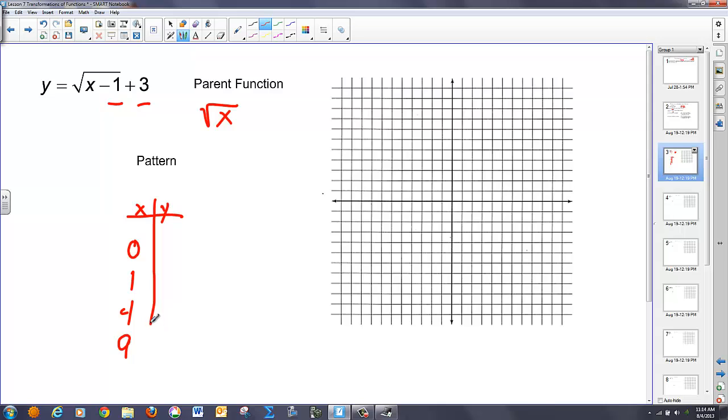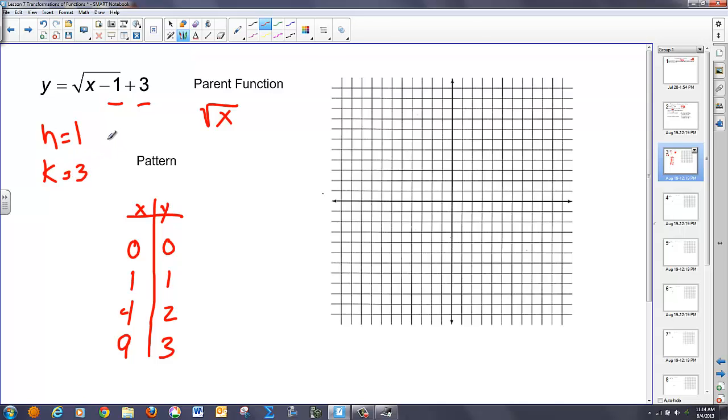We can throw a 9 in there as well. And I would normally get out a 0, 1, 2, and 3 for my x's and y's. Now what I like to do is identify these two values here. The 1 in this case is an h value, and the 3 in this case is a k value.